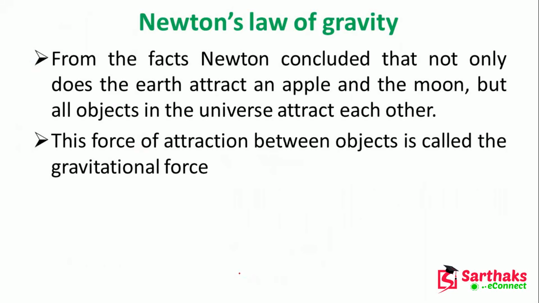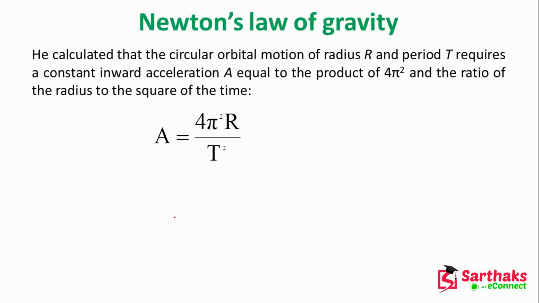That means if I have the earth here and the moon that is moving around it, the earth will attract the moon, and the moon will also attract the earth. Like that, any two objects in this universe always attract each other. Okay, this was concluded by Sir Isaac Newton.